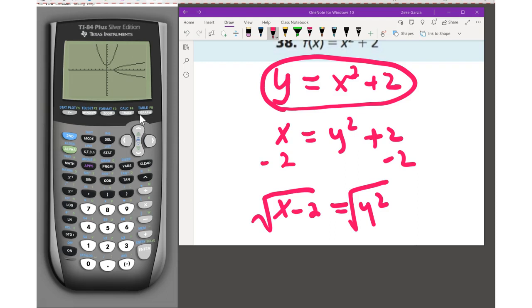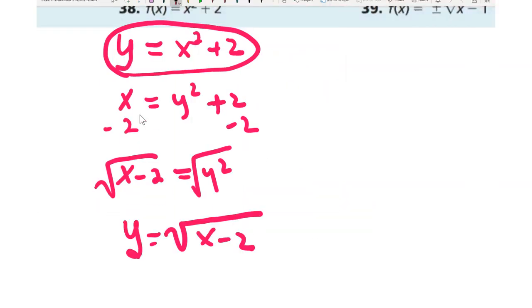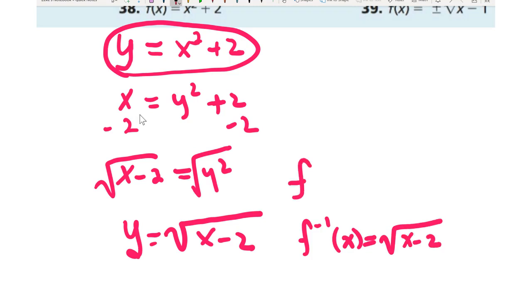And what I'm going to do here is go back to the problem itself, and remember that the way you write the inverse is like this. That's how you write the inverse. That is the square root of x minus 2. And of course, the equation is equal to x squared plus 2.